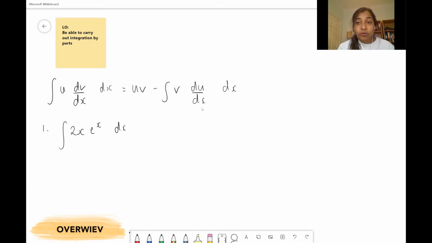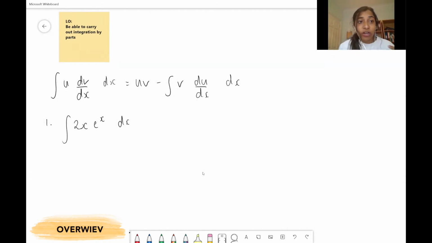So the formula for integration by parts is: if you have the integral of u, which is a function of x, multiplied by a derivative dv over dx, and you want to integrate that, then that would be equal to uv minus the integral of v times du over dx dx.